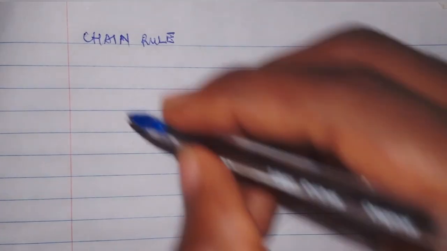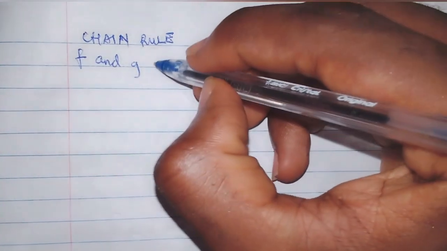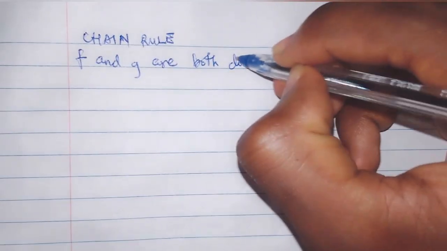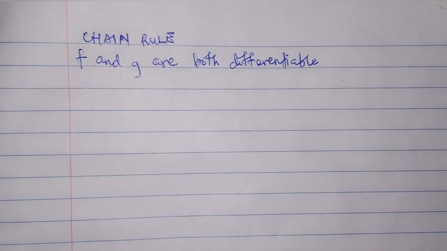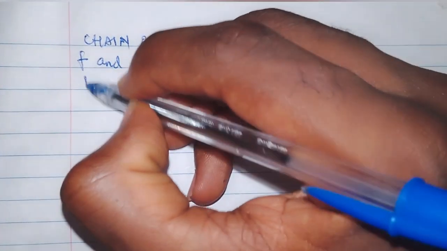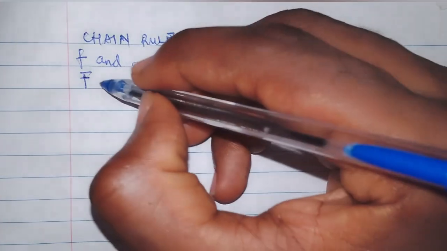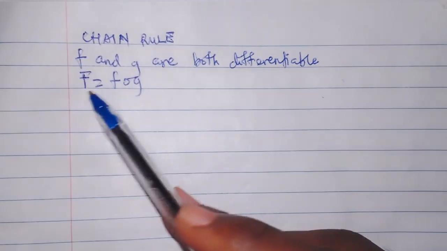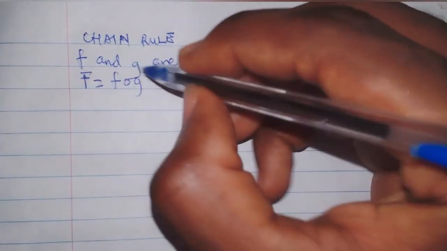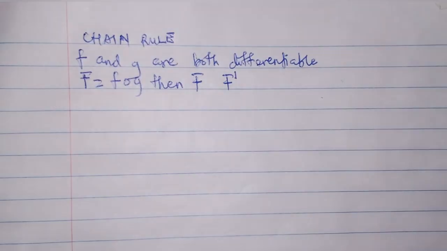We are saying if f and g are both functions, and both differentiable, and a function capital F is the composite, so this is equal to f of g, the composition of f and g makes the function capital F, then this F is differentiable.